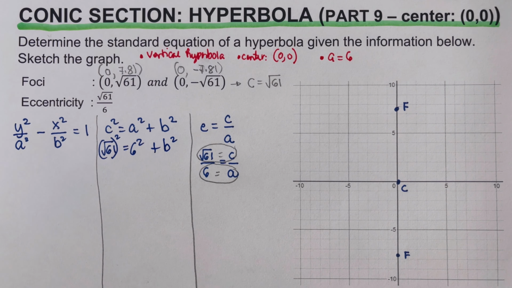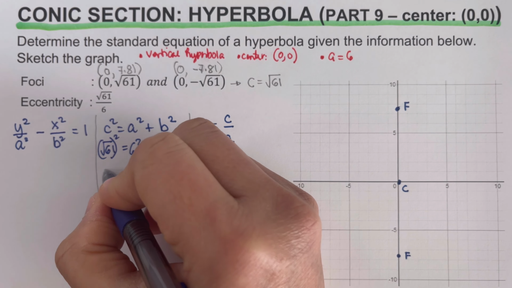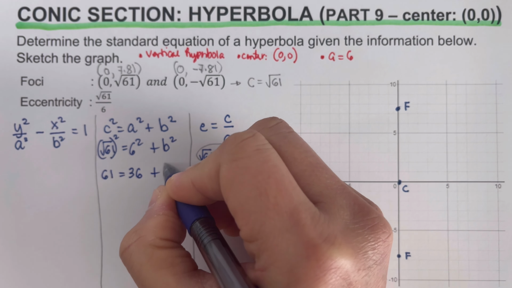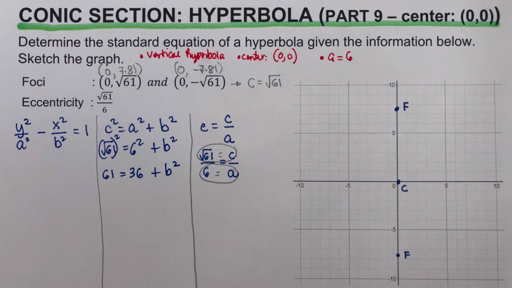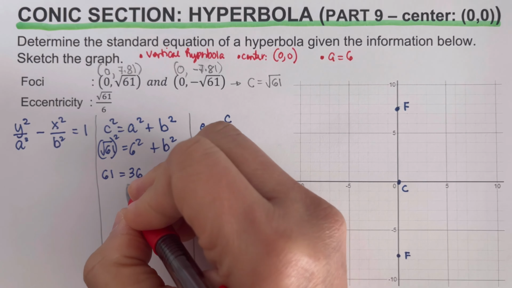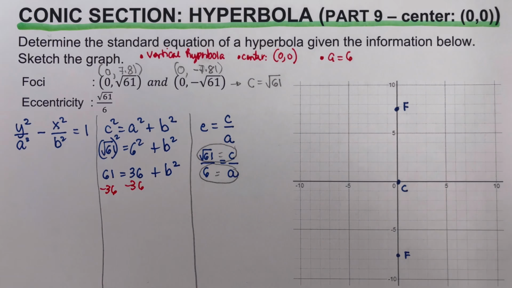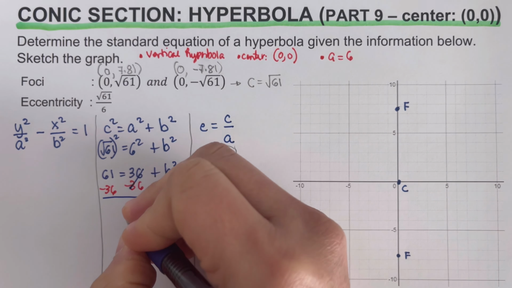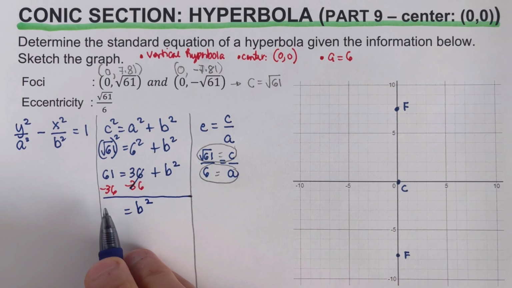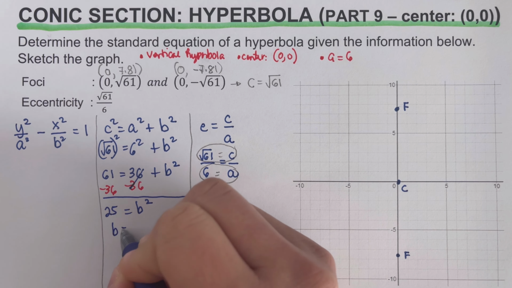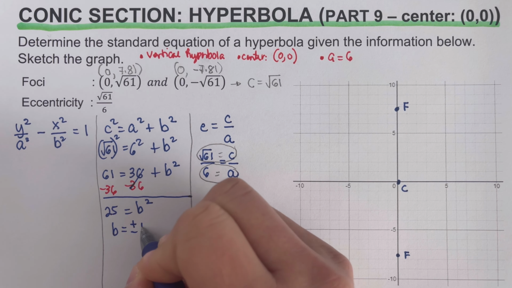And so we can solve for b from there, so that square root of 61 squared is 61 equals 6 squared, which is 36, plus b squared. So we minus 36 and minus 36. So our b squared is 61 minus 36, which is 25. This tells us that our b is plus or minus 5.